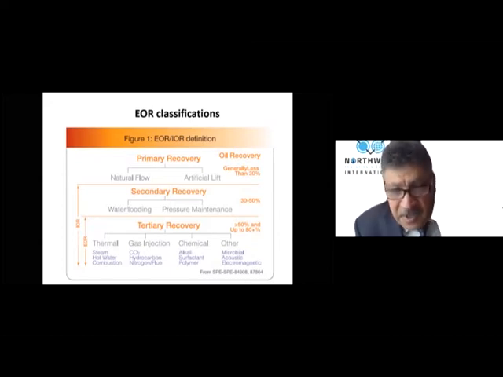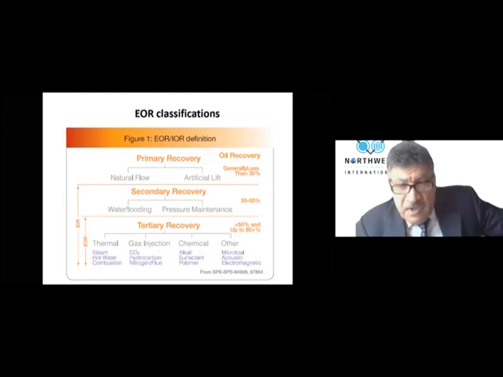Then we have tertiary recovery, and that could be classified as thermal, chemical, miscible, immiscible, and so on. We're going to mention these as well. So thermal: in certain oil fields, even in India, some oil fields are heavy oil, and they take the oil out by injecting steam or hot water.